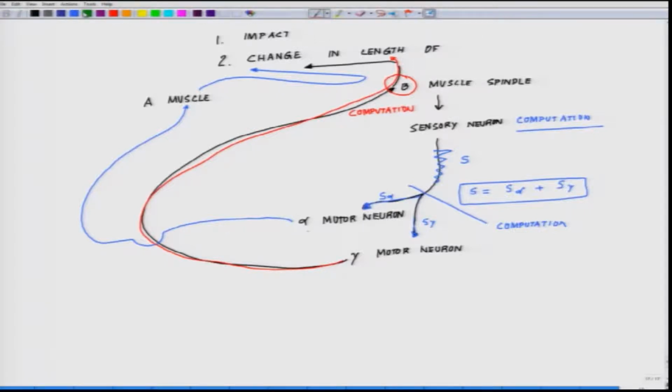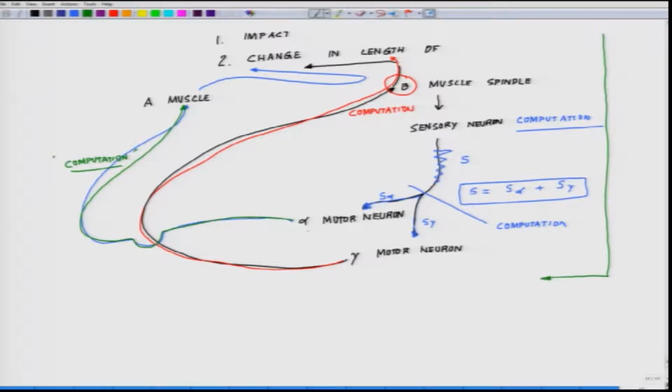There is a fourth level of computation which is happening out here: how much length has to be brought back to its ground state. So, if you look at it mathematically, you can really break up this problem into a very, very complex and interesting problem, for those of you who are interested in mathematics.